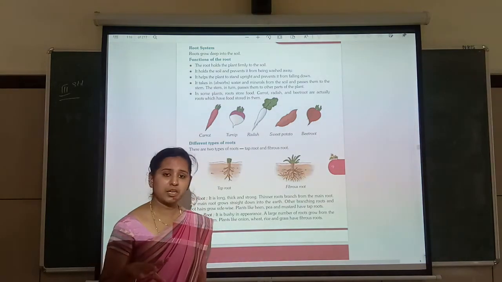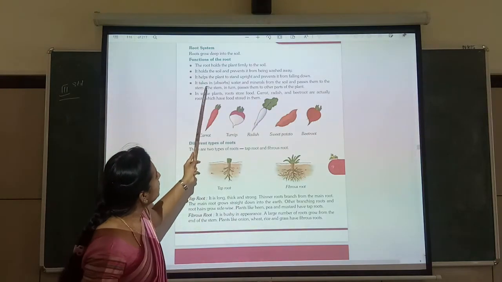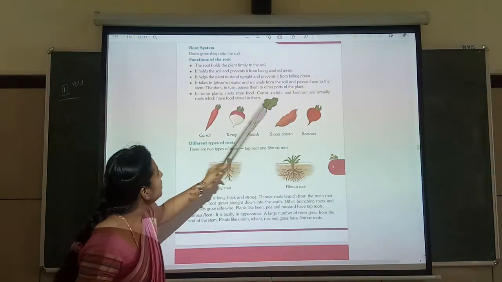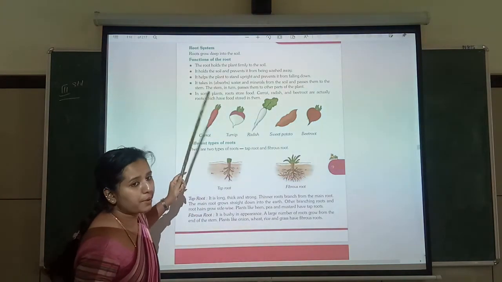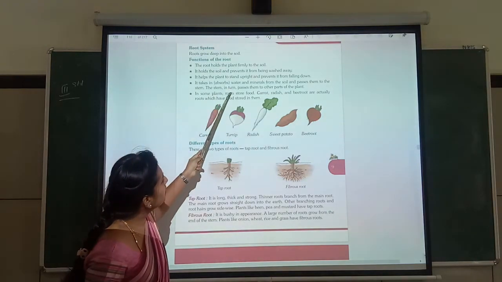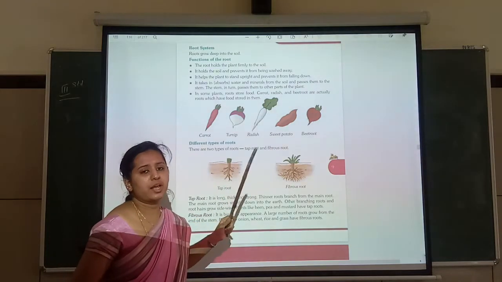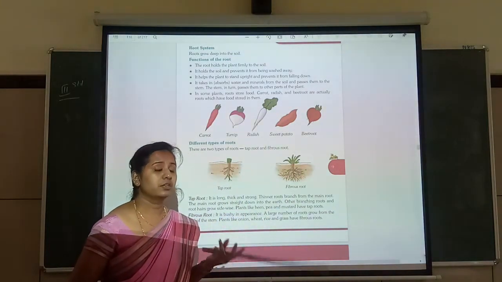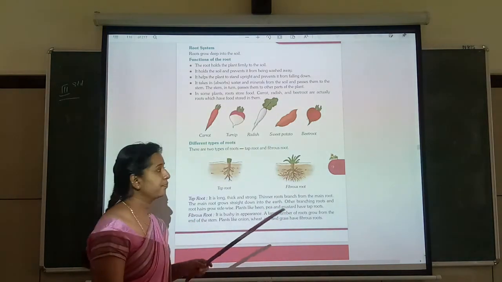It absorbs water and minerals from the soil and passes them to the stem, and to the branches, then leaves also. The stem in turn passes them to other parts of the plants, like leaves, fruits, vegetables and flowers. Everything, it passes.